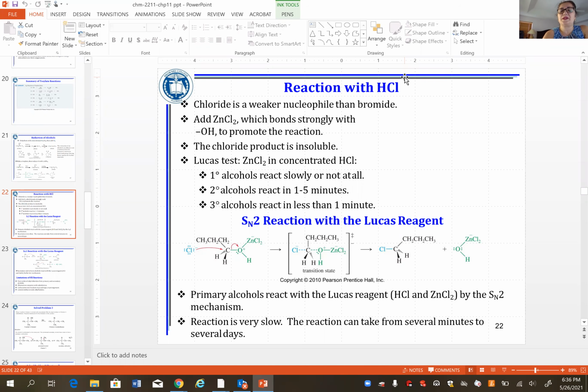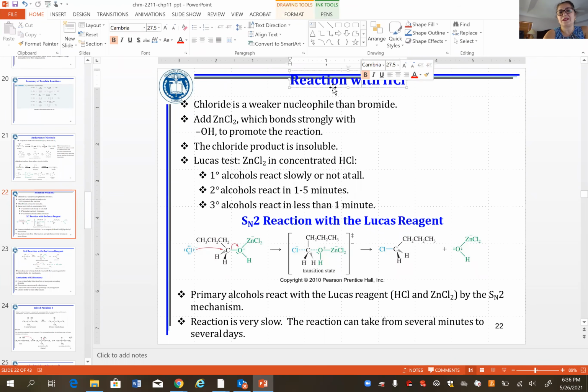The next type of reaction is the reaction with HCl. What do you expect to happen here? You bring HCl, you have Cl minus that would act as a nucleophile, and you have H plus that can protonate. But Cl minus is not a very strong nucleophile.